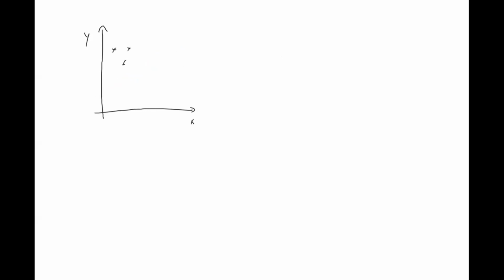So if I were to, let me do it differently. If I were to draw points that look something like this, you might think, well, if I just draw a straight line, maybe that's not quite as good as if I had something like that.